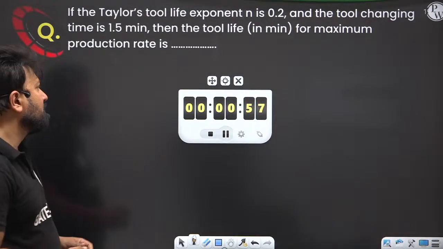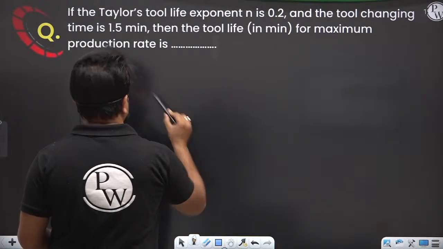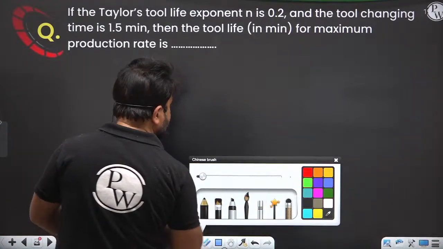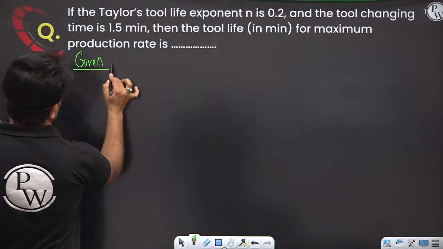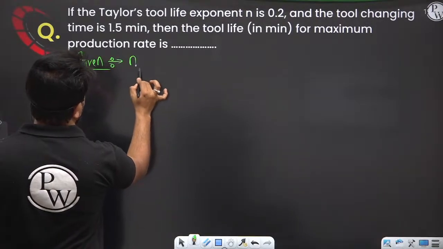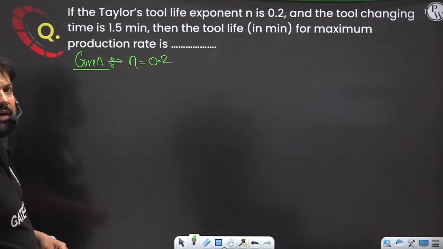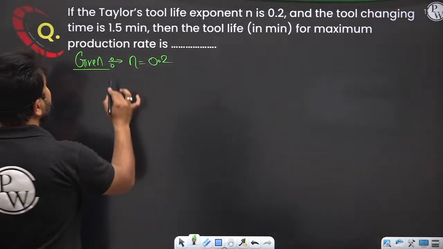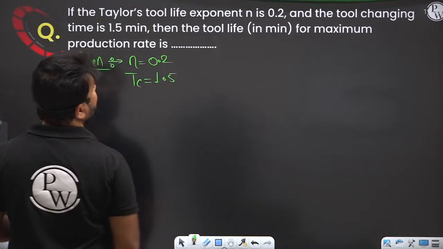Okay, so your 1 minute is over. So what is given in this question? Given that n is 0.5, right? And the tool life is 1.5.